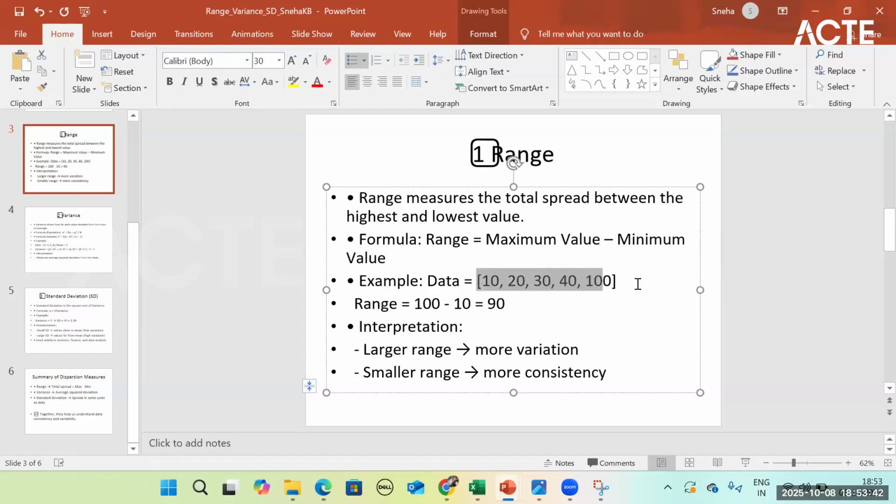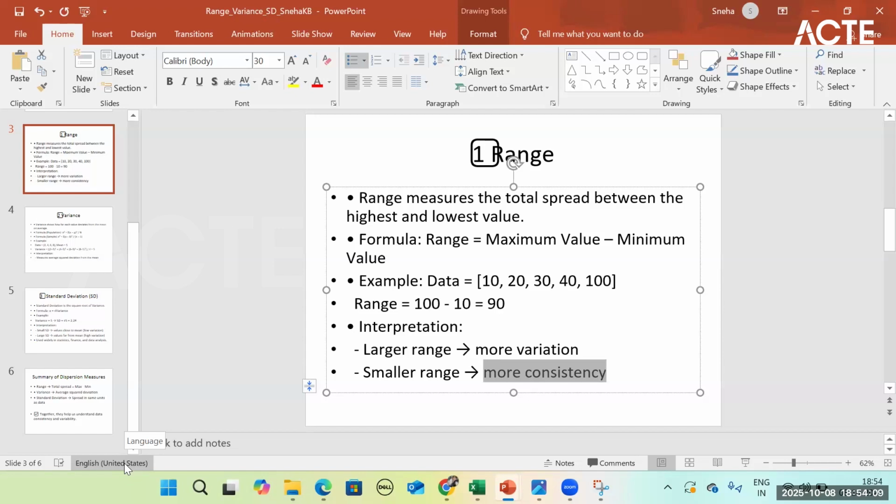When there is a large range, there is more variation in my data. When there is a small range, then all the data is interconnected, right? I can say that.